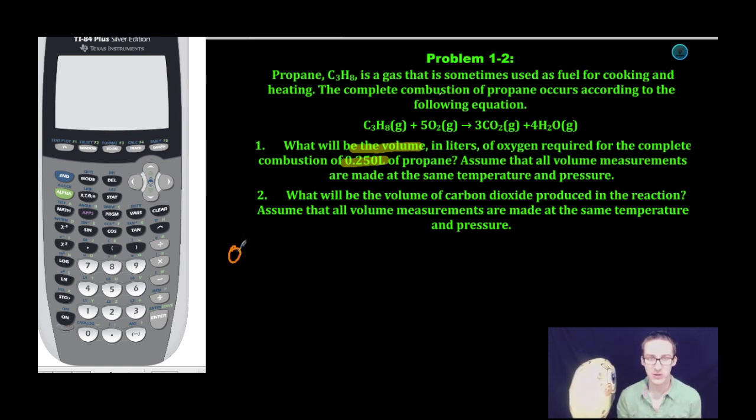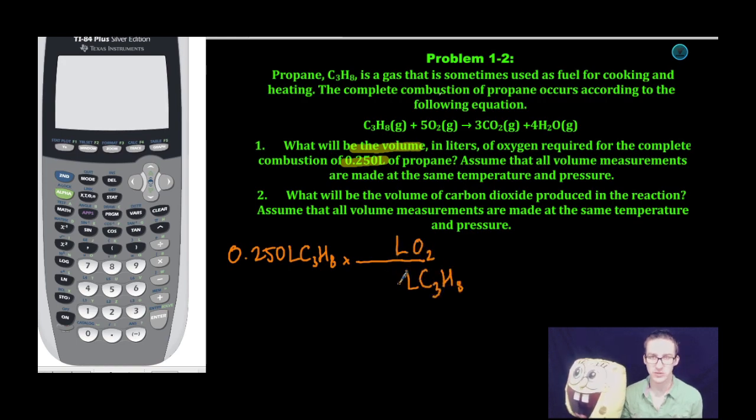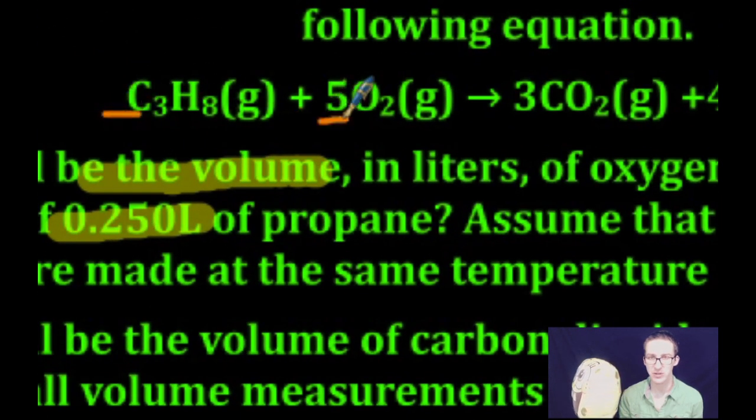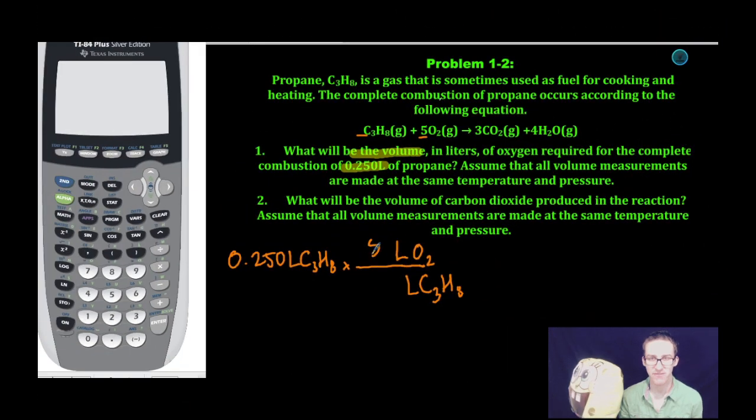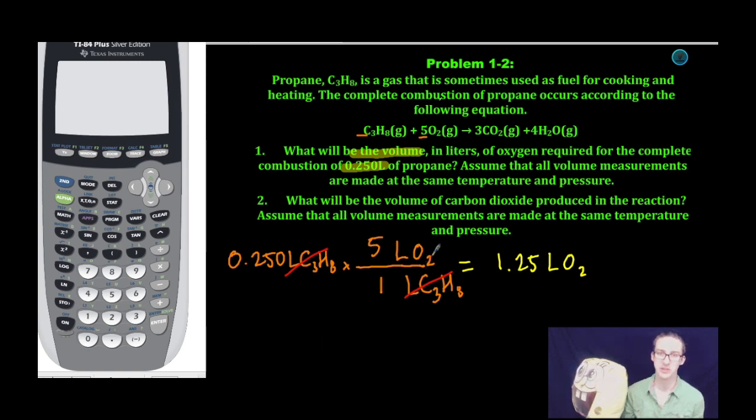So if we have 0.250 liters of propane and we want to know how many liters of oxygen is needed for the complete combustion of that propane, we can simply use the coefficients in the balanced chemical equation, which in this case is a 5 to 1 liter relationship. Notice that my units of liters of propane will cancel out and I'll be left with liters of oxygen gas. I don't even need my calculator on this one. 1.25 liters of oxygen gas will be needed to completely consume the 0.250 liters of propane.